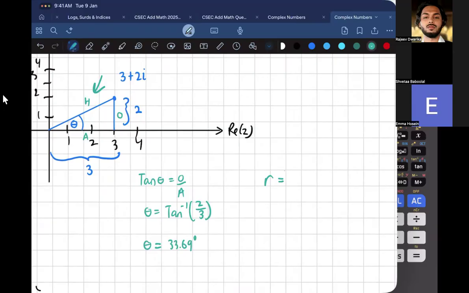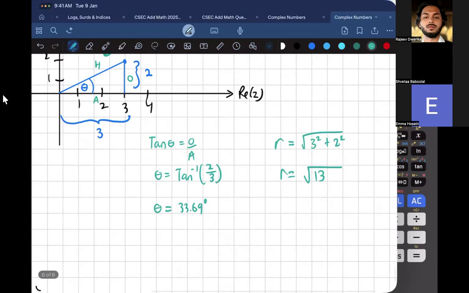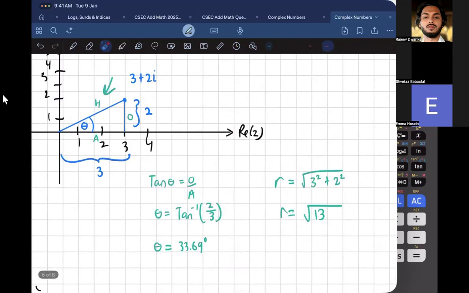So we would call that r, and r stands for the modulus or the length of the hypotenuse. That would be equal to the x component squared plus the y component squared, so 9 plus 4, which is 13. So you know how to find the length of the hypotenuse, this line over here, and you know how to find the angle with the x-axis.